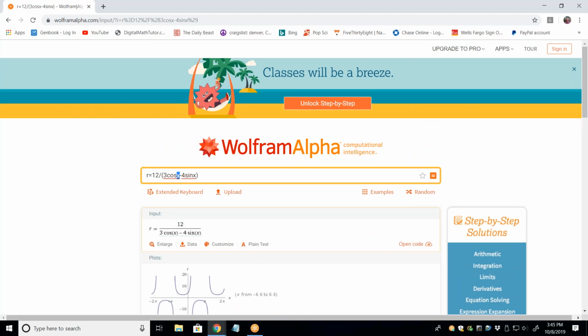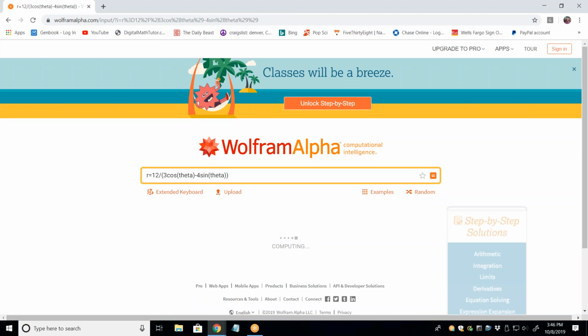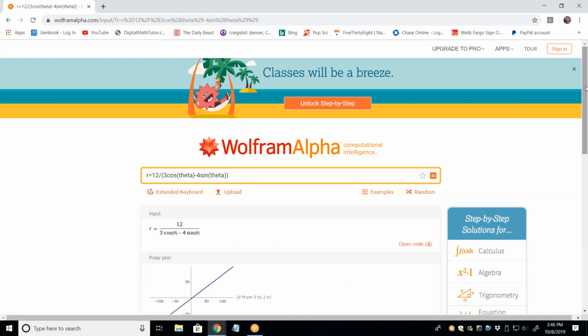I just put in theta like this. Maybe I need parentheses around it, and then it may recognize it as polar. Let's see if it changes. It did.